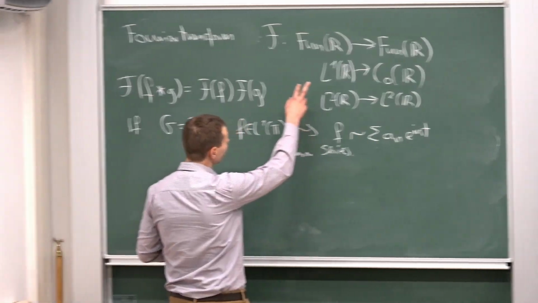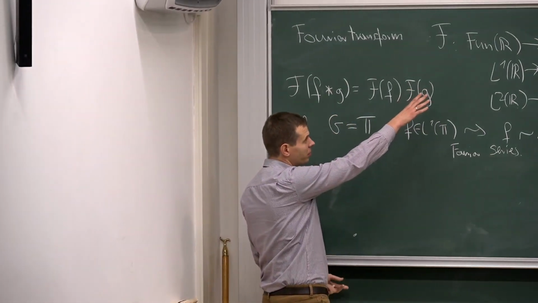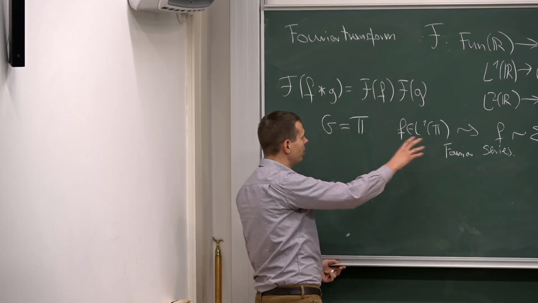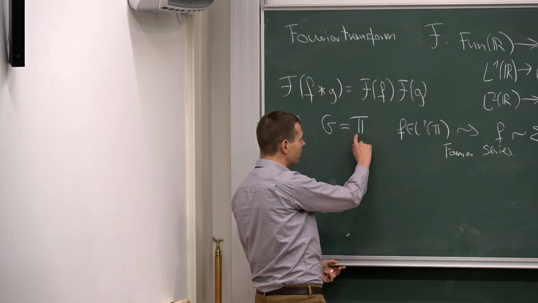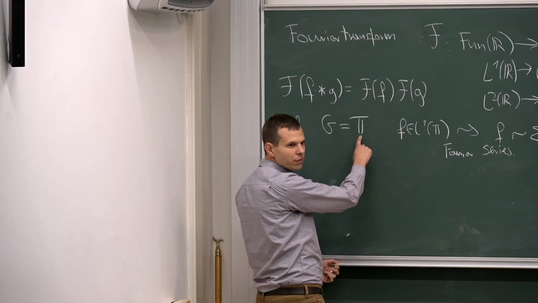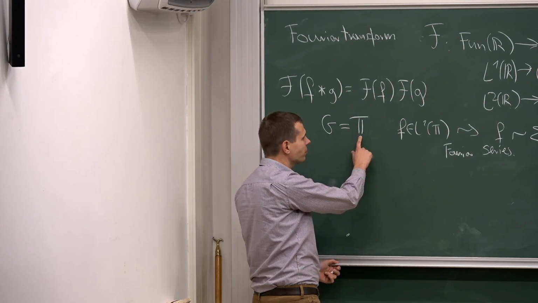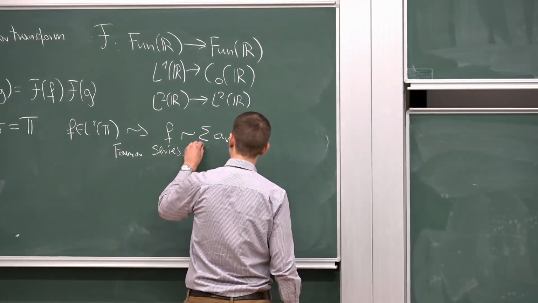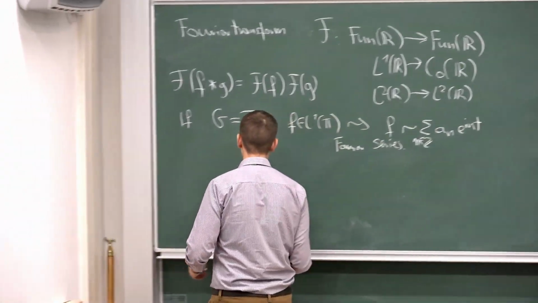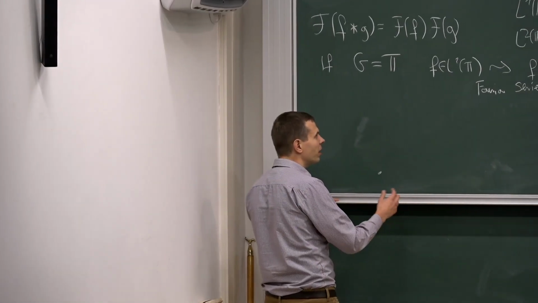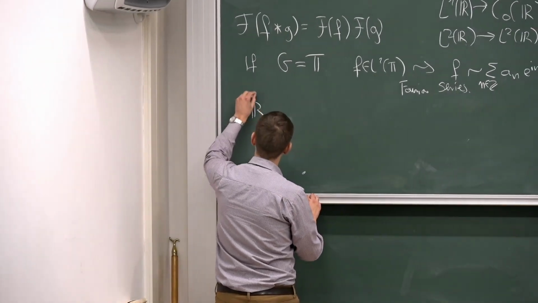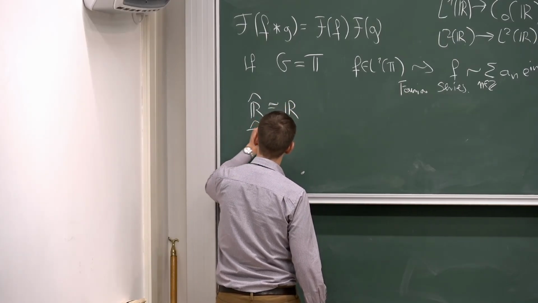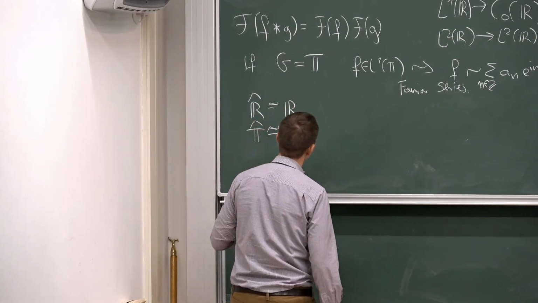In the first case, if you start from functions on R, after the Fourier transform we will still have functions on R. In the case of the unit circle, these are the complex numbers of absolute value 1, and on the other side, this is indexed by Z. So basically we can write a statement as a sort of duality: the dual of R is R, and the dual of the circle is Z.